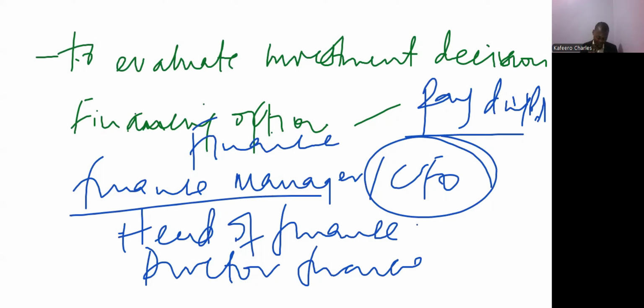Small computations. We shall be talking about things to do with Modigliani and Miller, the professors of economics. So we shall be focusing on what they published in 1958 and their arguments for paying dividends or not paying dividends.